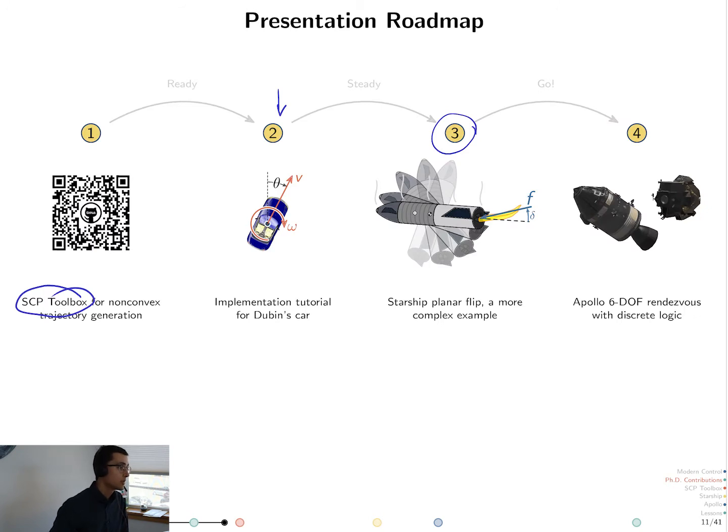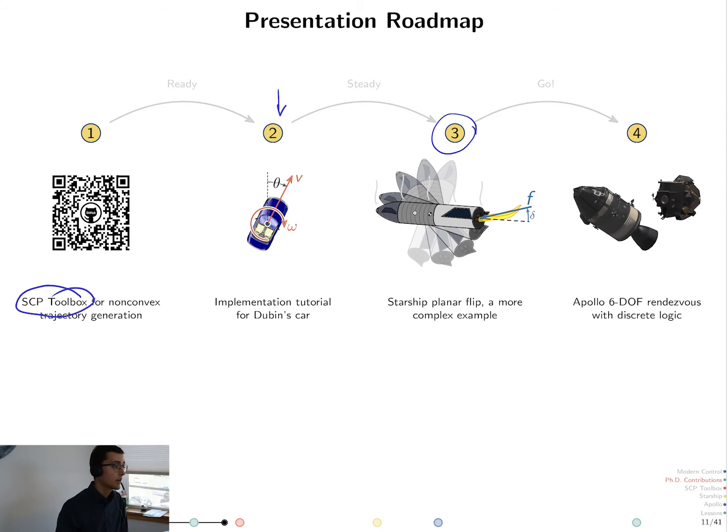The roadmap for the talk, if it's okay with you, will be as follows. I will first talk about a novel software that I wrote over the past year in the context of this tutorial paper in the middle, that allows us to have a parser-solver interface to solve really general problems with SCP methods.